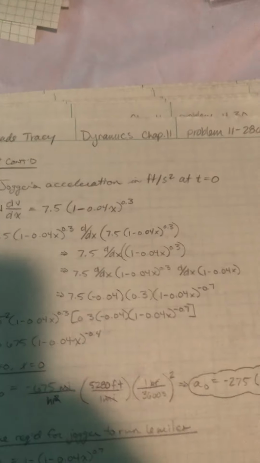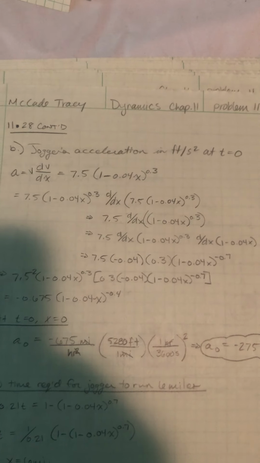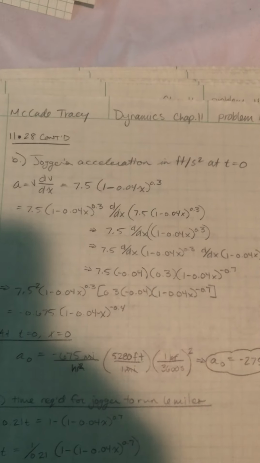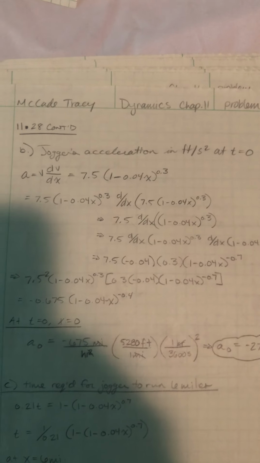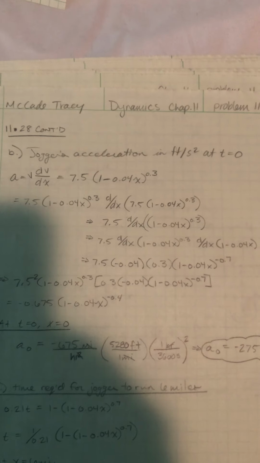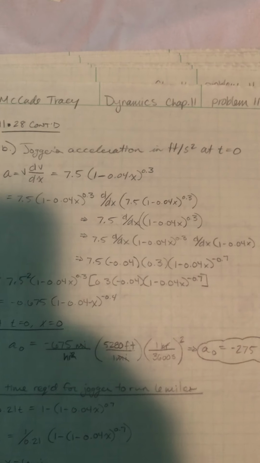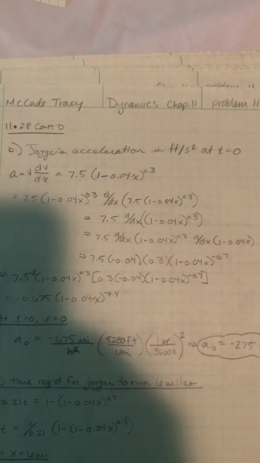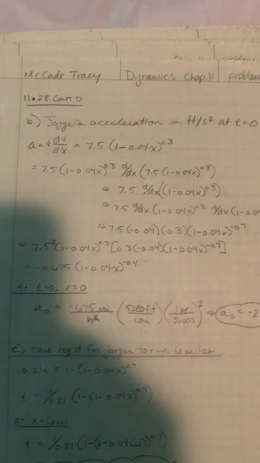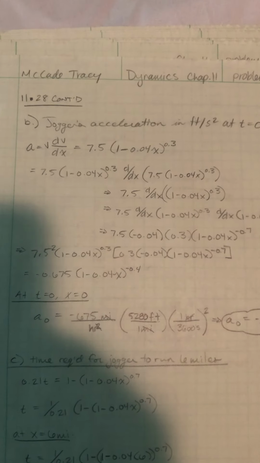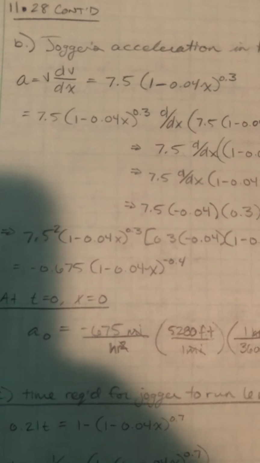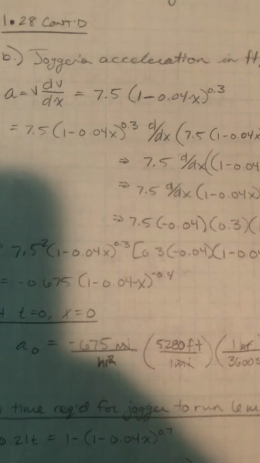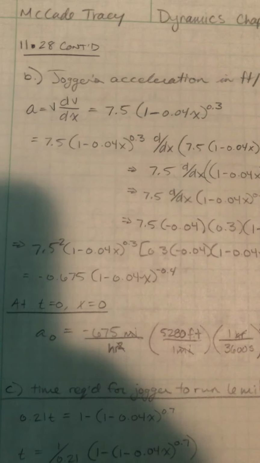Continuing on for part B, we again use a separation of, no, we do not use a separation of variables. We're able to take the derivative of this original function. Solving that, we're able to find that the acceleration is negative 0.675 times (1 minus 0.04x) to the negative 0.4.